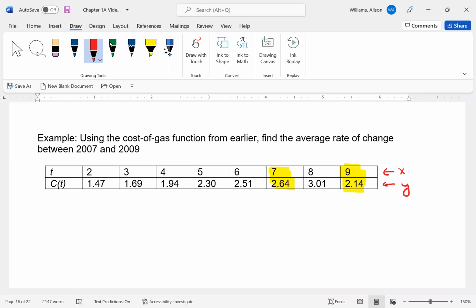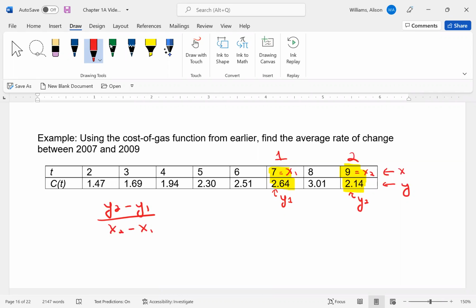Let me rewrite the formula here: y2 minus y1 over x2 minus x1. So I'll treat this as the first values and the second values. This is going to represent x1 and this y1, and this is going to represent x2 and this y2 in the formula.